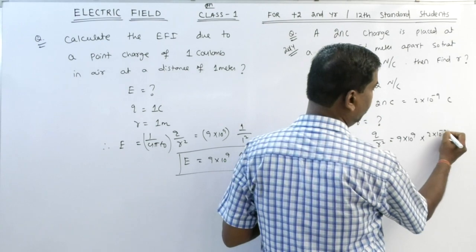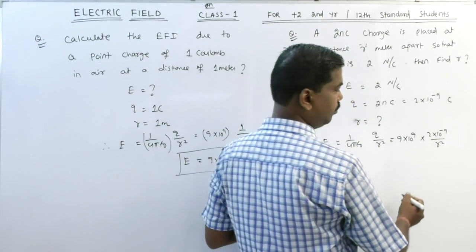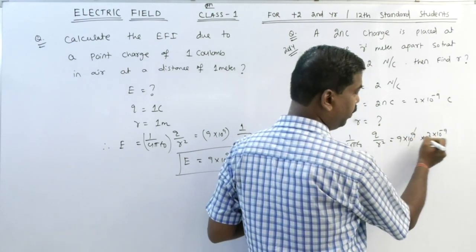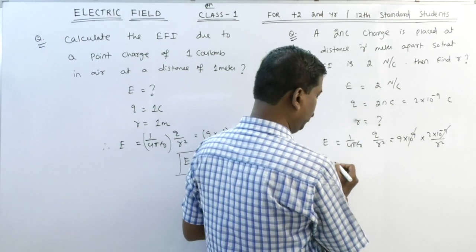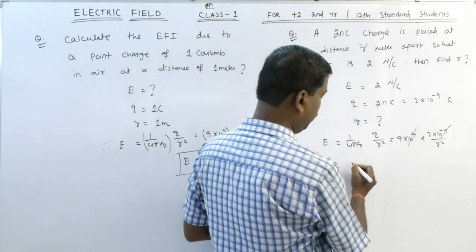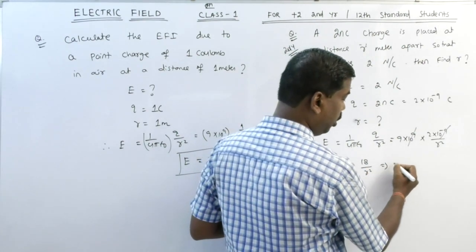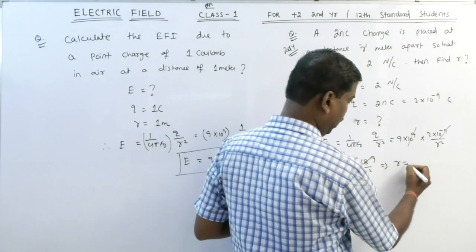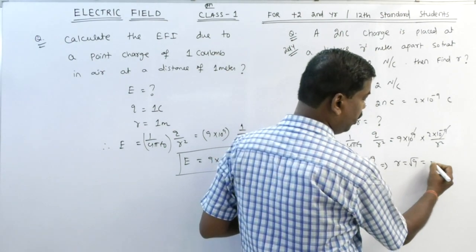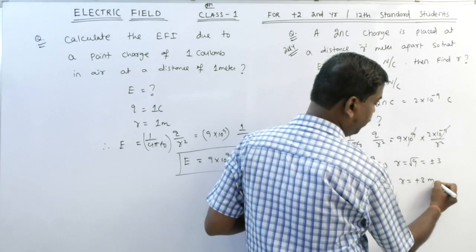Q is 2 into 10 to the power minus 9 by R square. So 10 to the power plus 9 and 10 to the power minus 9 cancel each other. So 2 is equal to 18 by R square, or R square is equal to 9, R is equal to plus or minus 3, or R is equal to plus 3 meter.